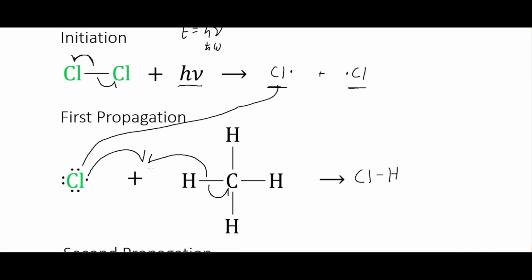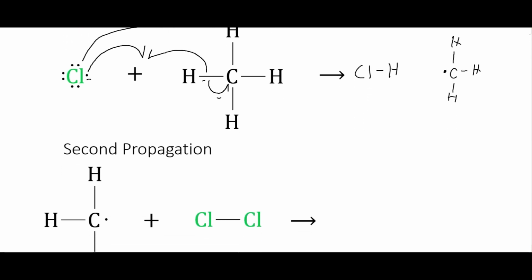The bond, we're getting one electron from here and another one from this bond here. We're forming this hydrochloric acid. And then here we are forming a carbon, hydrogen, hydrogen, and now we have a free radical there. So this one electron moved onto that carbon. So that's our first propagation.